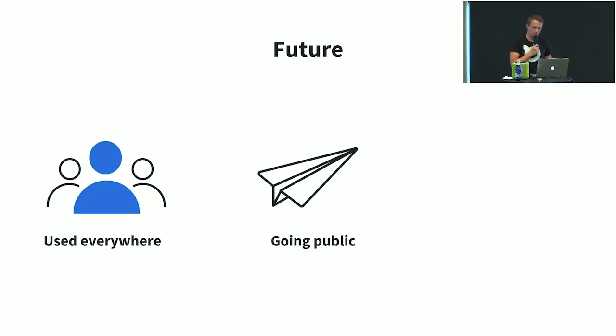At the moment, Convention UI is a private library, but I hope that we would go public and everyone else could use it as well, which would mean that we would get more issues, which we can fix, and everything is going to be perfect in the future.